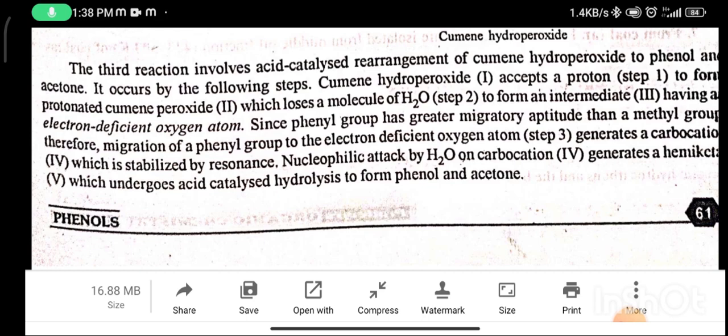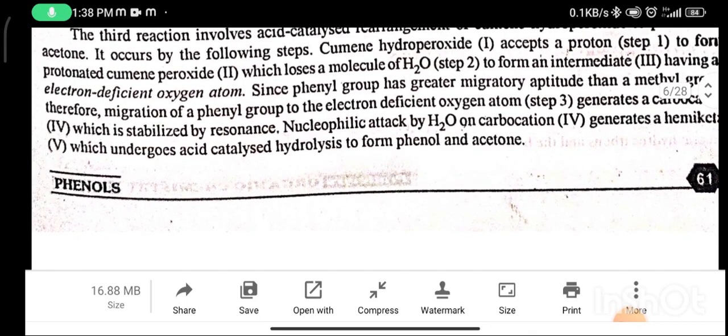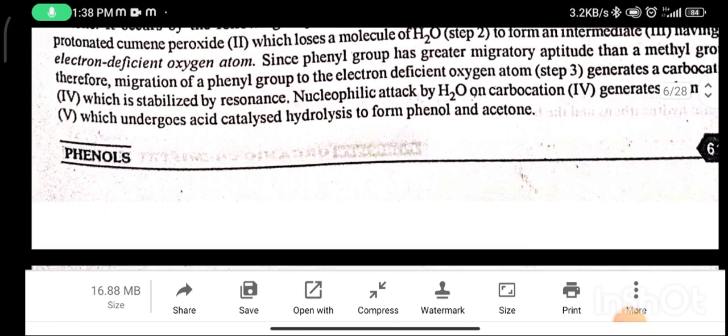Nucleophilic attack by water on the carbocation generates a hemiketal, which undergoes acid catalyzed hydrolysis to form phenol and acetone.